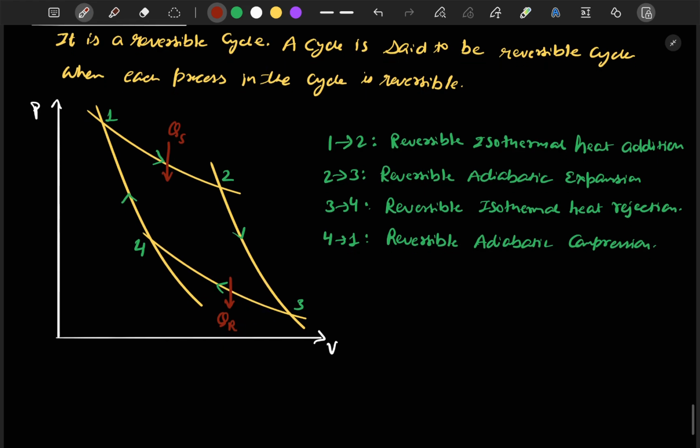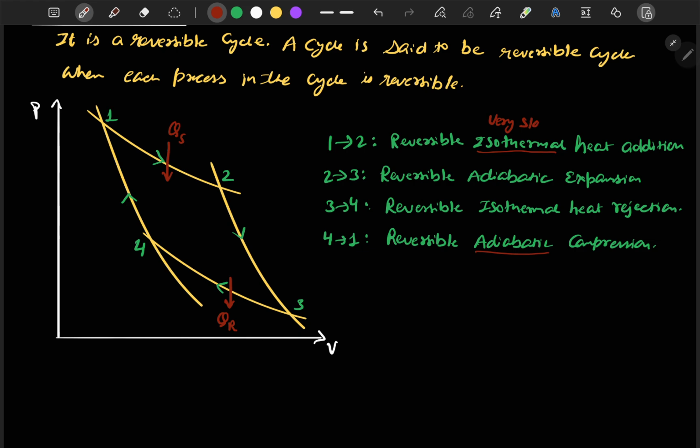Here are two more things I would like to discuss. First, what are isothermal and adiabatic? You know that an isothermal process is at constant temperature, so at each and every point the system should attain equilibrium with the surroundings. So this isothermal process must be very slow.